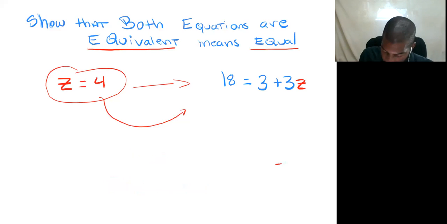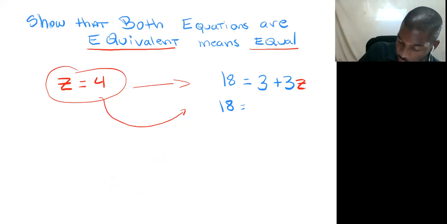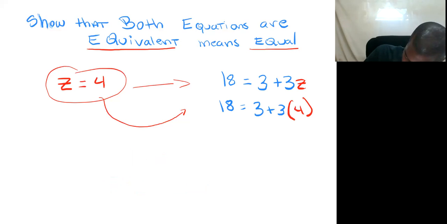Well, it's simple again. All I need to do is replace the z with what it says it is, and the z is 4, so the new equation is 18 equals 3 plus 3 times whatever z is, which is 4. Let's do PEMDAS. So 3 times 4 is 12.